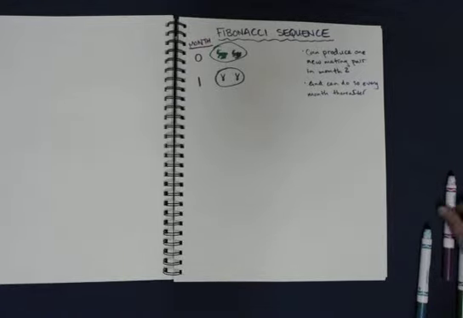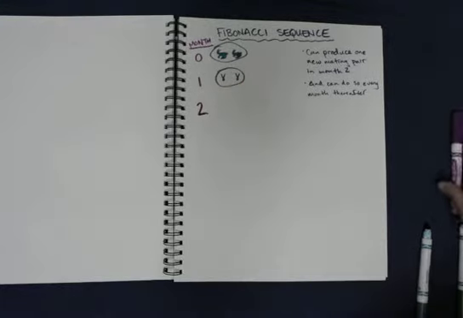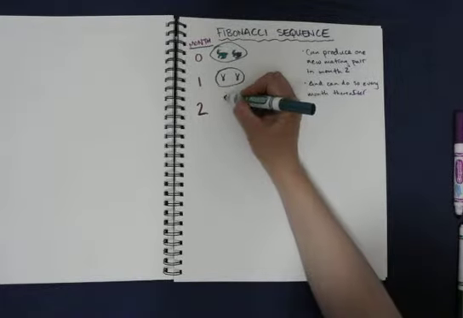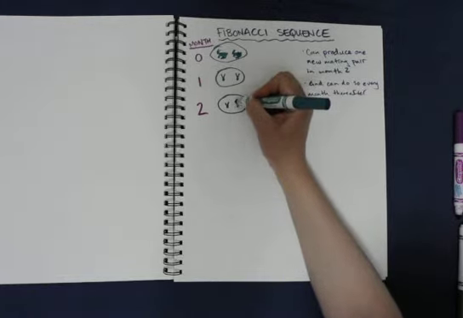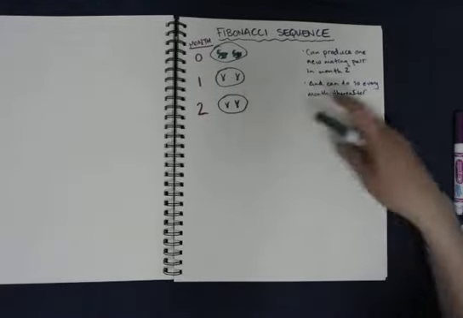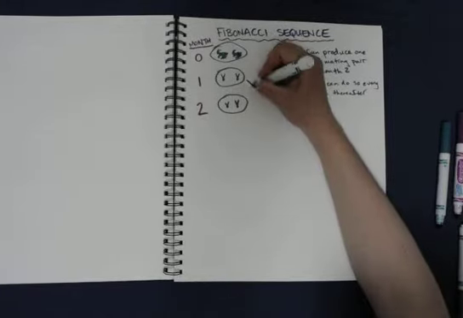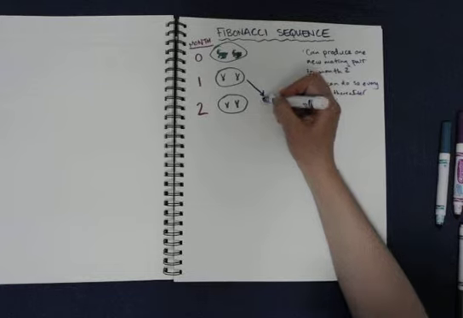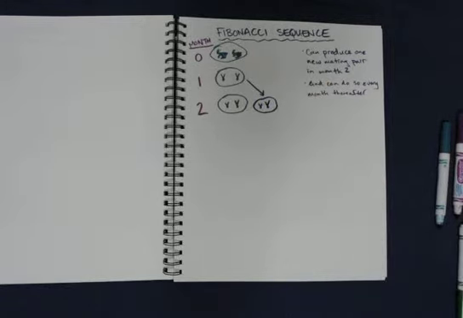And then in month 2, we have the original pair of rabbits. But at the end of the second month, they were able to reproduce and create a new mating pair of rabbits. There we go. We now have 2 mating pairs of rabbits.